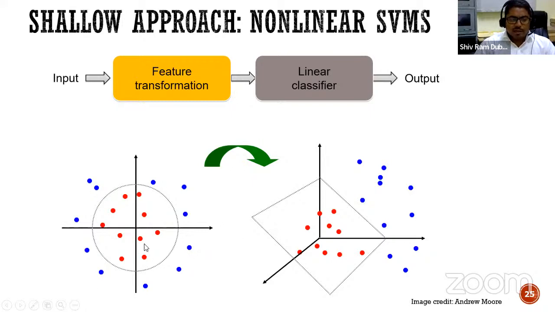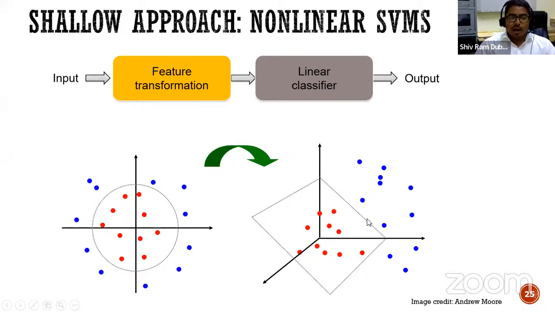If you see here at the left side, we have these two categories, again blue and red, but they are not linearly separable, because we cannot find a single hyperplane which can divide these two categories. But if we do some transformation, for example, all these points are transformed in the right side figure, we can see that all the blue ones have gone to one side and the red ones to the other side.